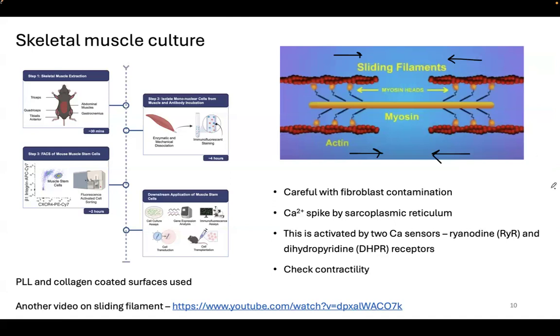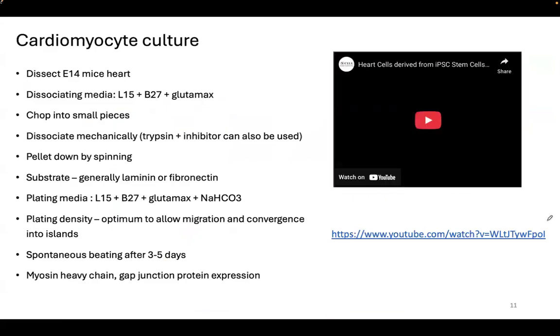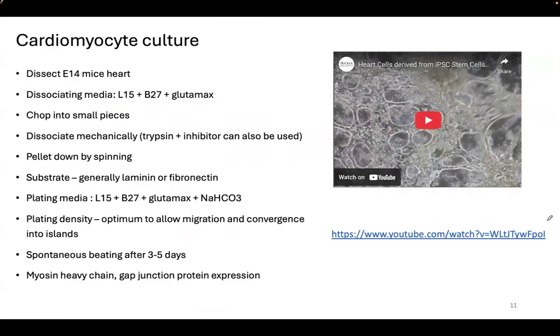So next we go on to cardiomyocyte culture. Now in this case, again, the principle is quite similar. If you just want a pure culture, it's easier to do with embryonic tissue. So far we've been talking about embryonic or very early neonatal tissues. So again, the mouse heart is dissected out.